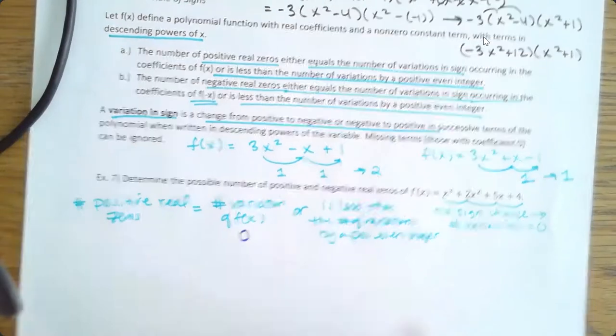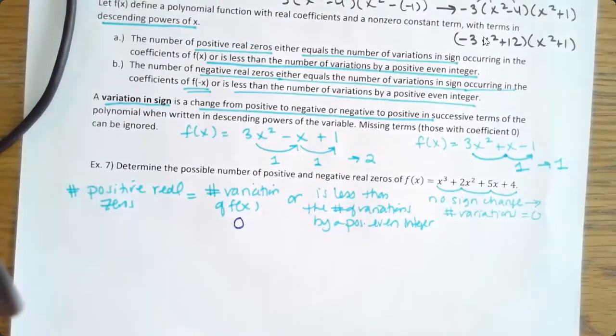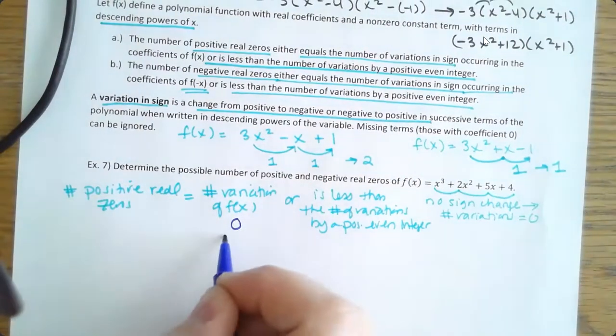Well, it doesn't make sense for the number of zeros to be less than 0, not a negative answer, but the concept of having less than 0 answers. So if your variations is 0, then that's just going to be the answer.